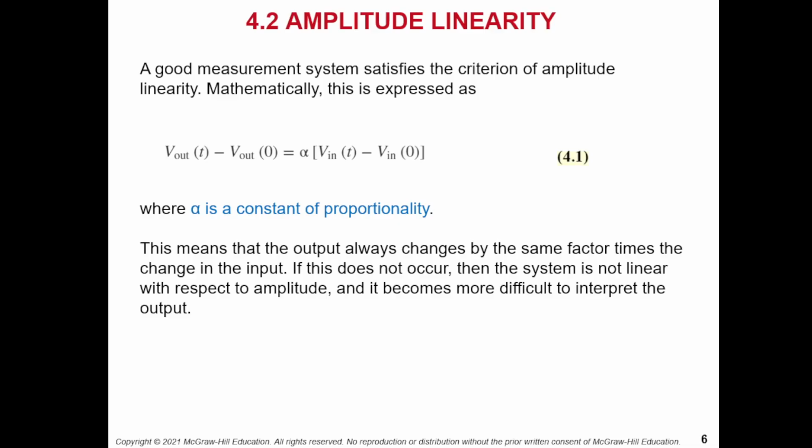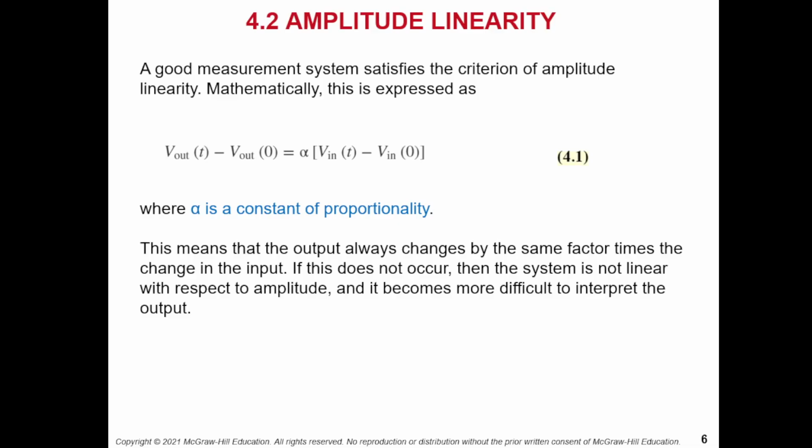Because this is the amplitude, the voltage is amplitude, we are not talking about the phase at all. So that means the output always changes by the same factor, the constant alpha, times the change in the input.